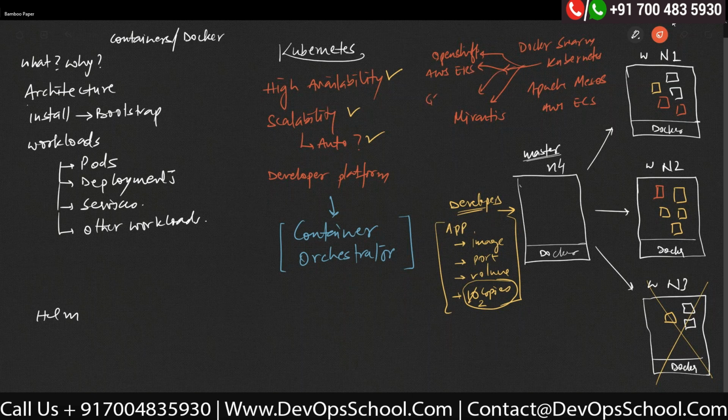So you have GCP, Google Kubernetes Engine. So all these are commercially available distributions of Kubernetes. They add their own features on top of Kubernetes. They provide some sort of support, some sort of guarantee on the application, and then they give it to you, and you pay for it.